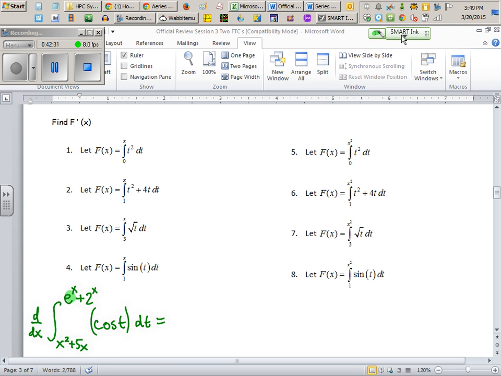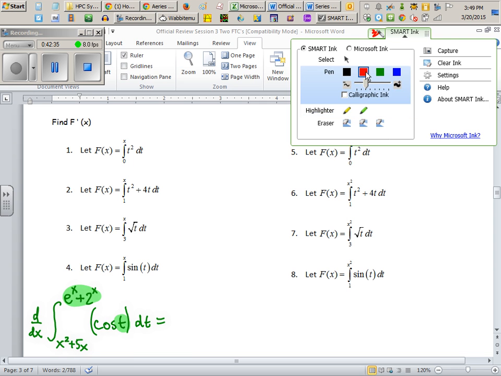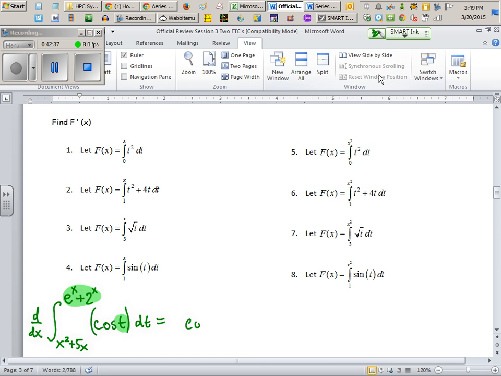Plug it in, right? So this goes in for the t, right? So we end up with cosine of e to the x plus 2 to the x. Now we're supposed to take the derivative of that top limit. What's the derivative of e to the x? Right?